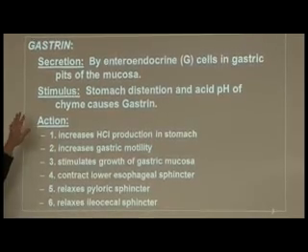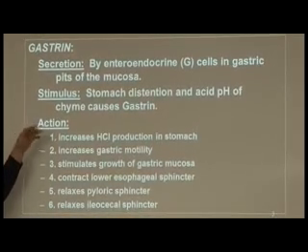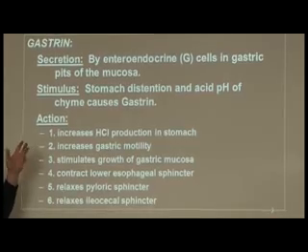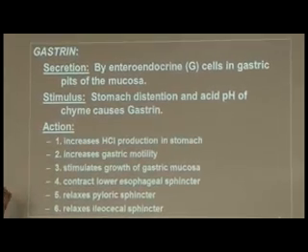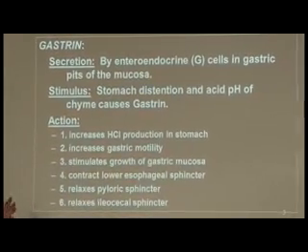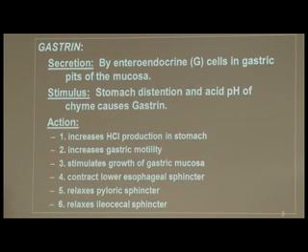Gastrin is secreted by enteroendocrine cells in the bottom of the gastric pits that we call G cells. What initiates the release of gastrin is boluses of food entering the stomach and causing the stomach to be stretched.